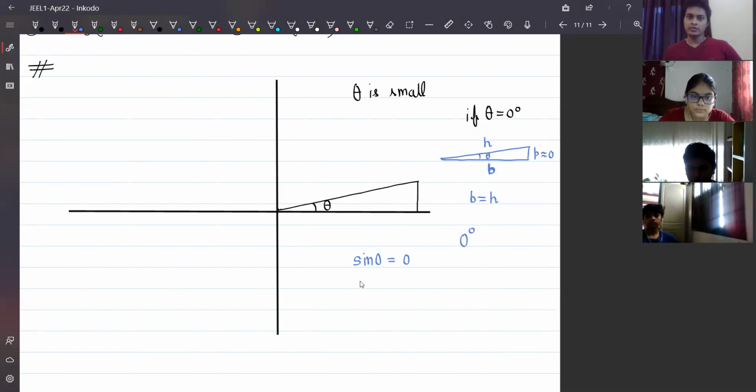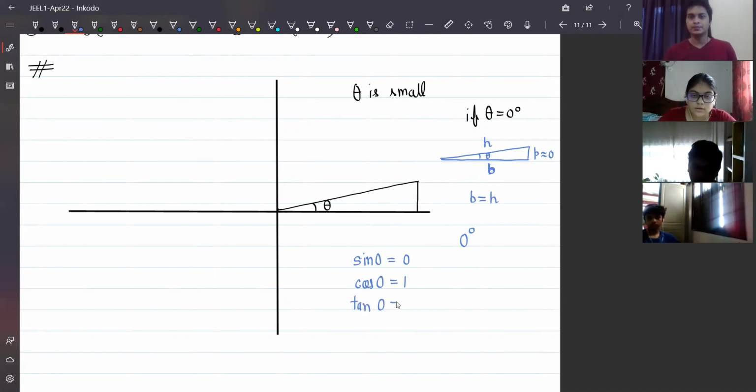Okay. Kushagra, tell me the value for cos 0 then. Kushagra, you're muted. Tell me the value of cos 0. So 1. Don't do it by memory. Try to solve it from here.